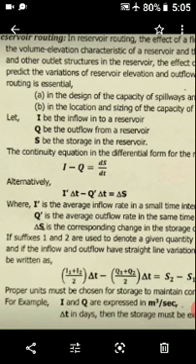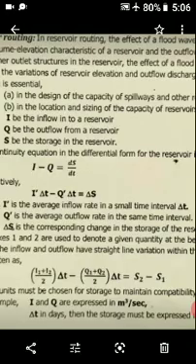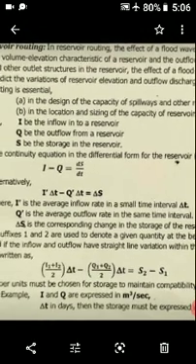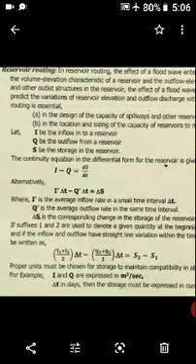Alternatively, I dash delta t minus Q dash delta t is equal to delta S, where I dash is the average inflow rate in a small time interval delta t, and Q dash is the average outflow rate in the same time interval.